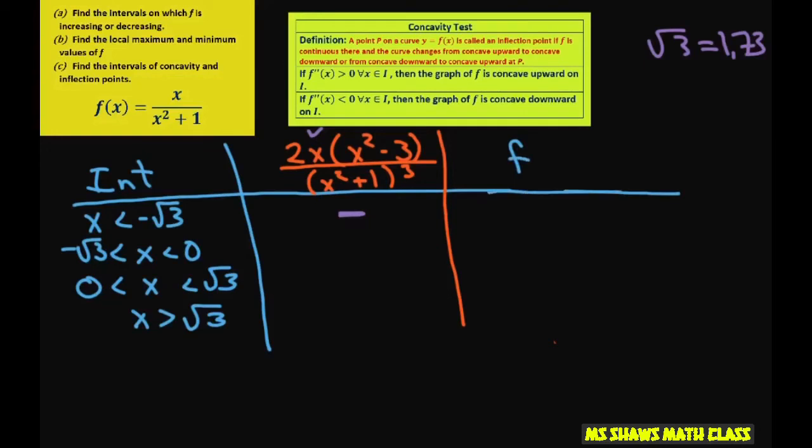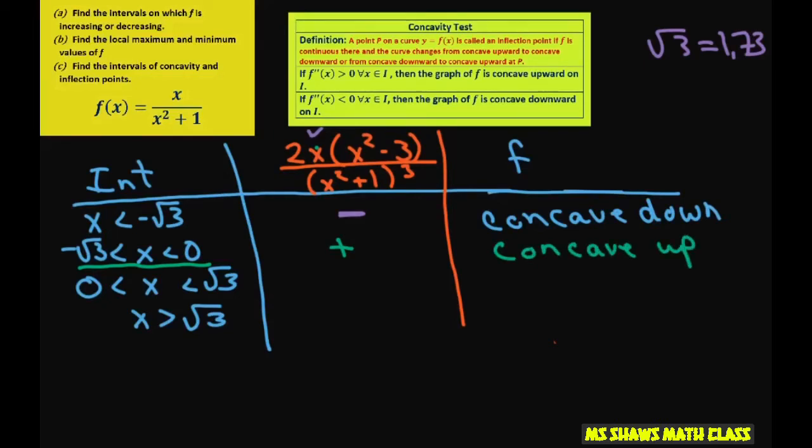My whole graph is going to be concave down. Now, for this one, let's plug in negative 1, no, I can't plug in 1. Plug in negative 1, you're going to get a positive. So that means it's concave up.